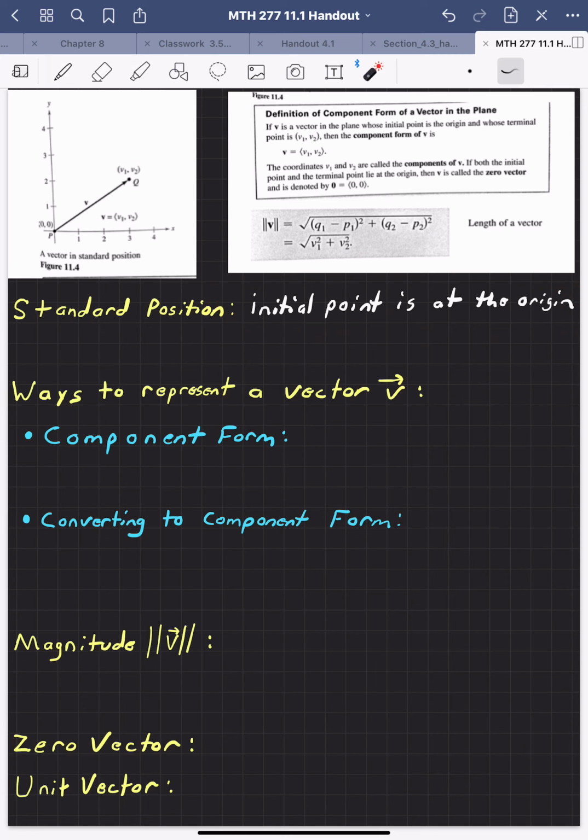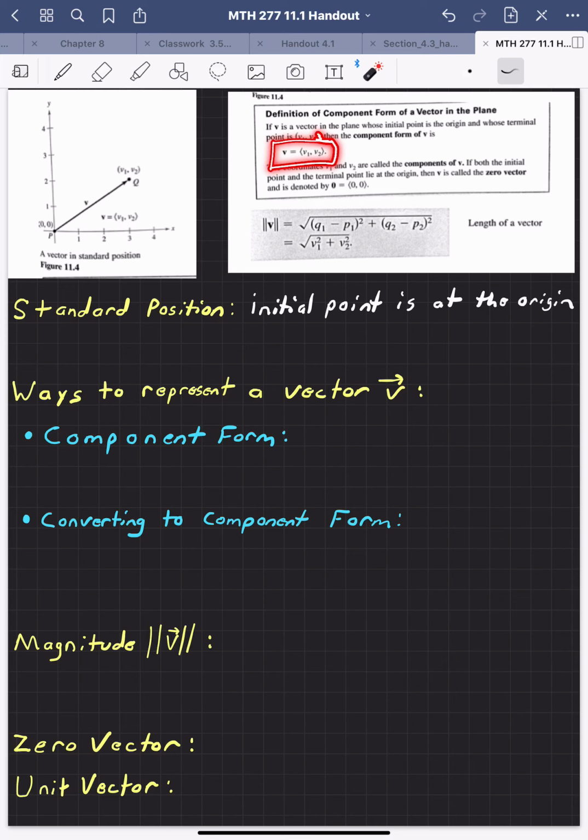One of the things about once you place a vector in standard position, right? So if I had my vector here and I were to drag and drop that vector to here, so it's in standard position. Once the vector is in standard position, we can represent that vector. We can represent vectors a few different ways.